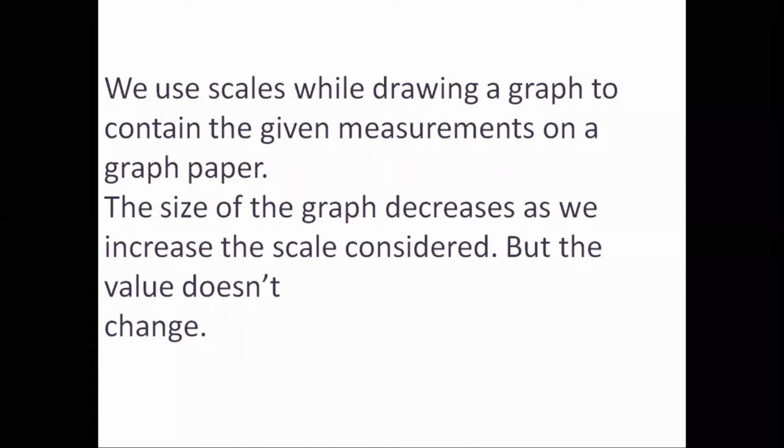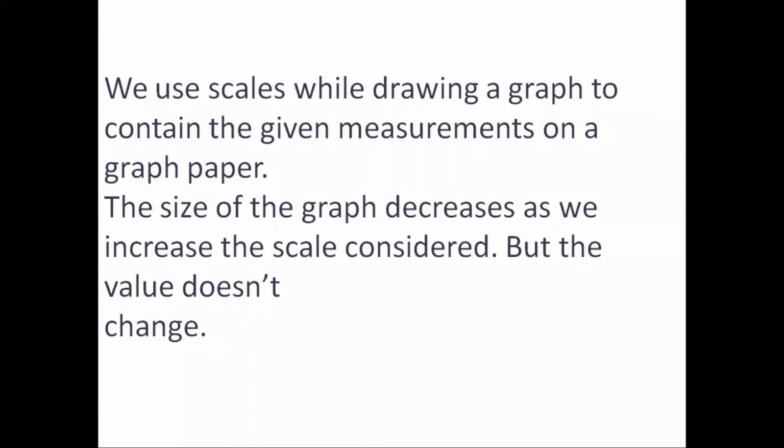The size of the graph decreases as we increase the scale considered, but the values don't change. Here, on the x-axis, one single unit is taken as 1 second. On the y-axis, one single unit is taken as 2 meters.